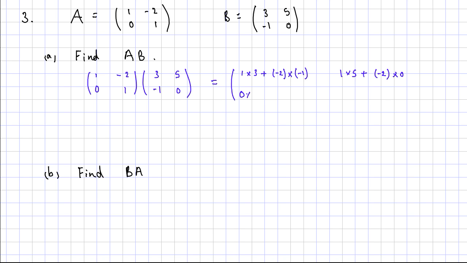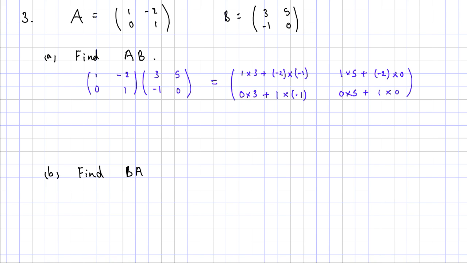And this entry here should be 0 times 5 add 1 times 0.